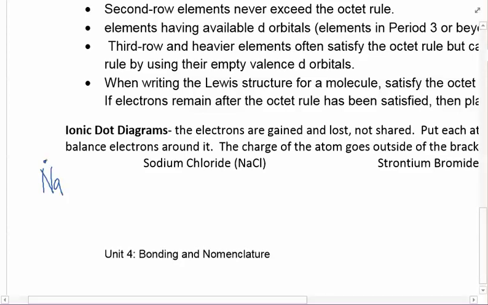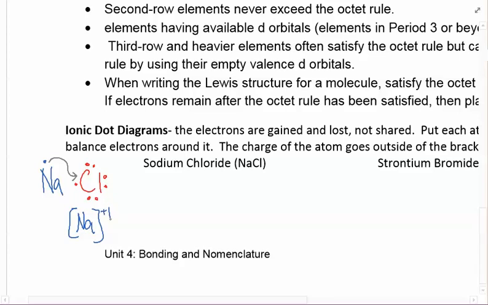So sodium by itself has 1 valence electron. Chlorine, I'll make green or red, has 7. What's going to happen is sodium is going to donate its 1 electron to the chlorine, which makes the ions. So we're going to have sodium in brackets with a +1 charge.